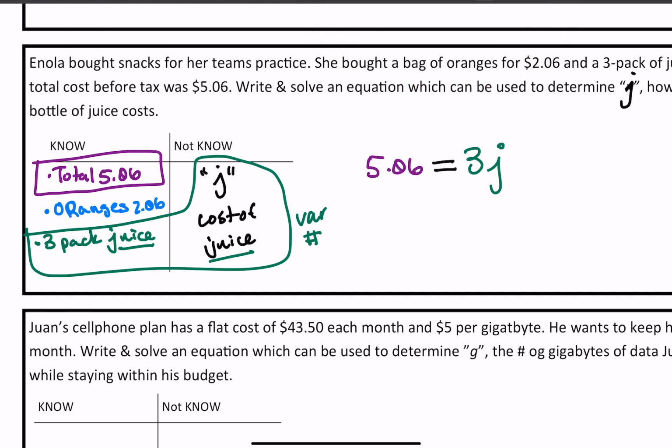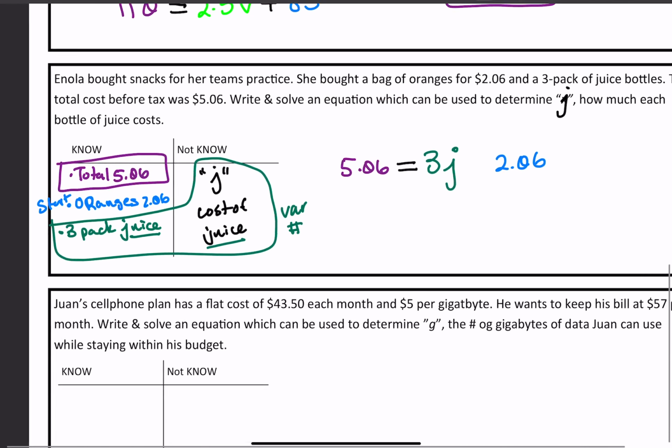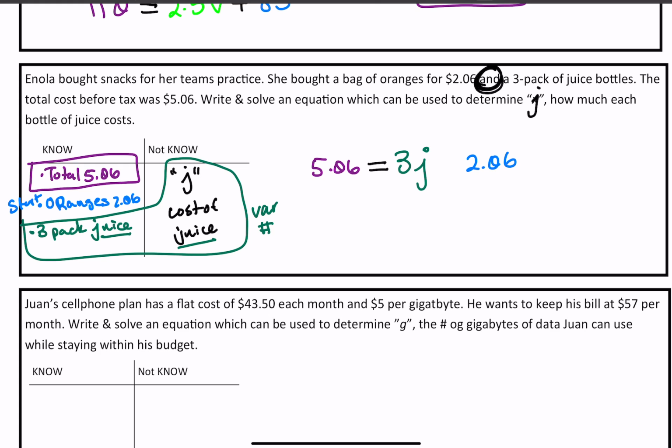And then lastly, we have oranges, which is your start. So we have 2.06. Now you got to think about stuff. She bought these together, and there's that word and. So it's going to be addition. It's not always going to be addition, but that and word says it is addition.